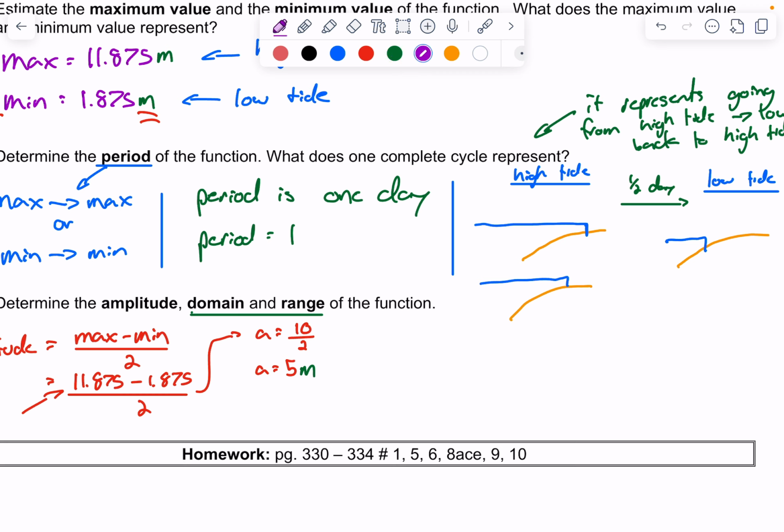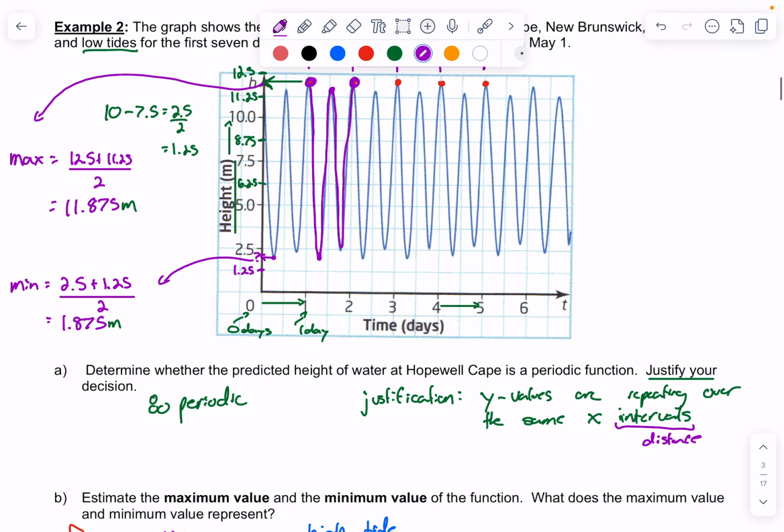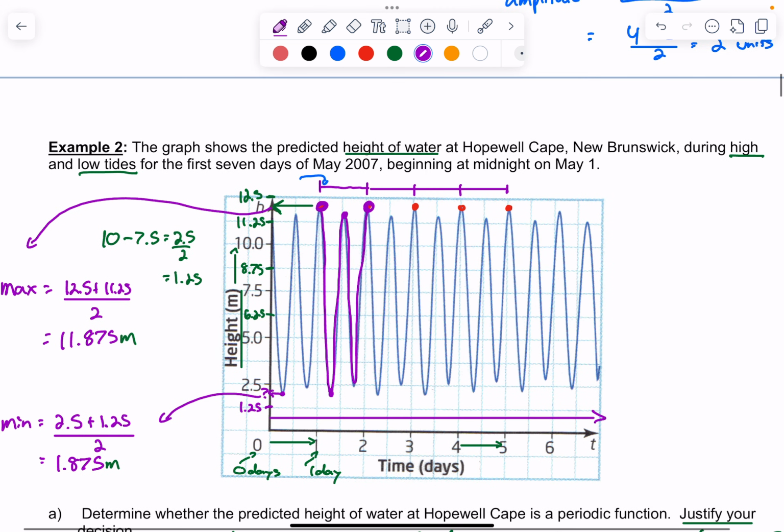So the domain and range. Remember, domain talks about all your x values. These are your x's. Range is your y's. If we look at this graph, we are starting at 0 and going all the way to 7 days. It's telling you you're graphing it for the first 7 days.